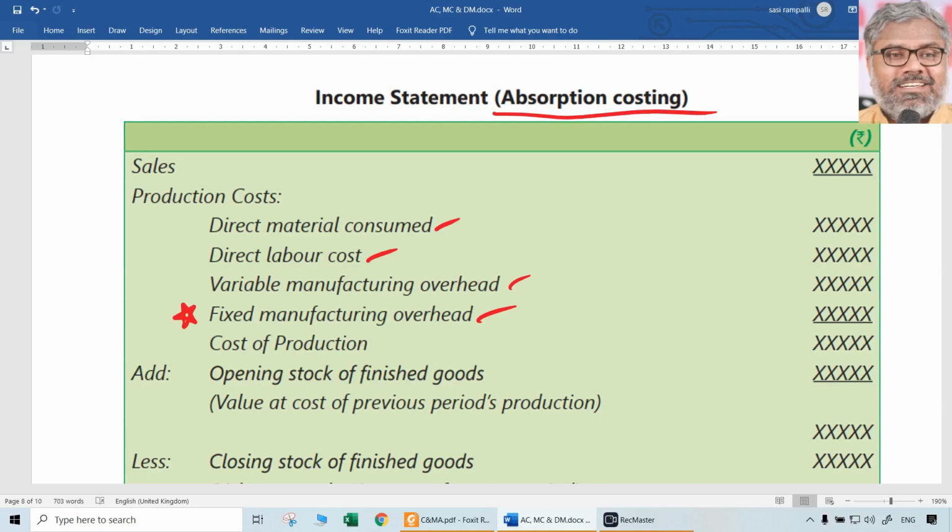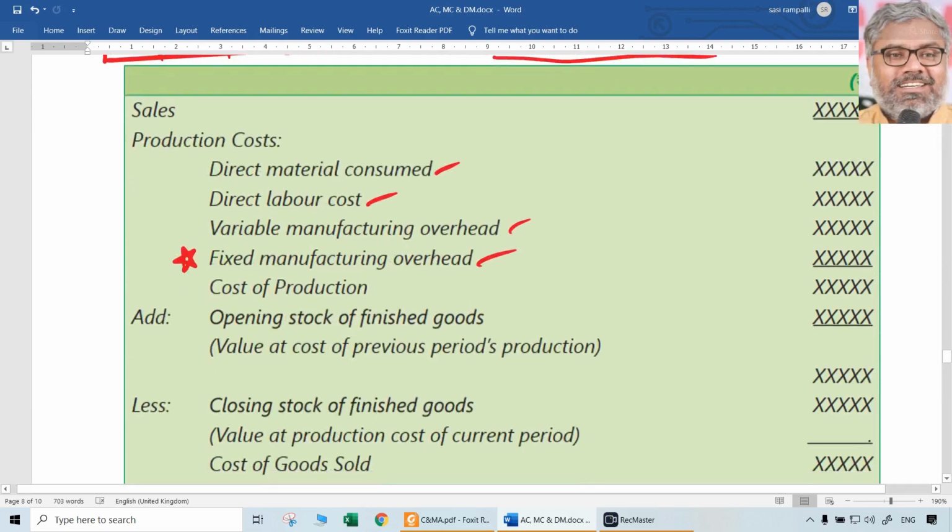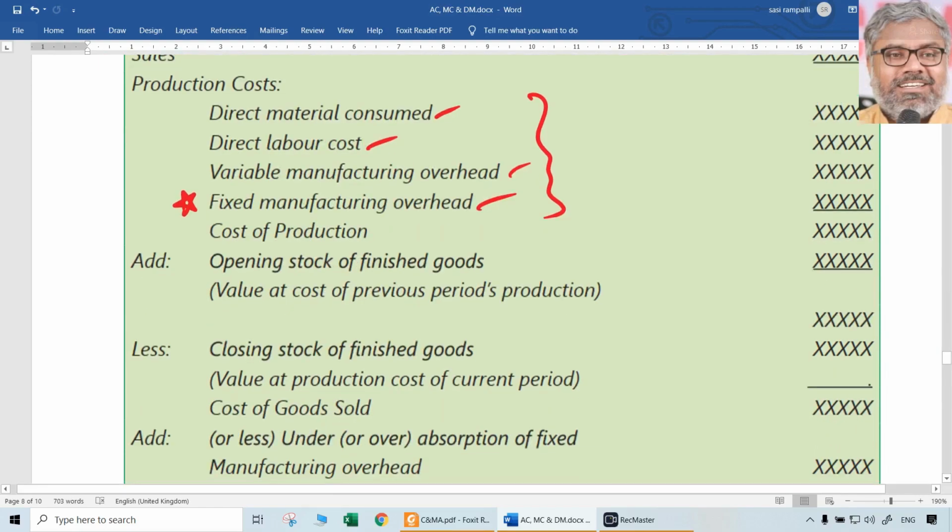What matters is whether it is manufacturing, office and administration, or selling and distribution. That classification was there for us, not fixed variable classification. So both variable manufacturing overhead and fixed manufacturing overhead will be considered as production cost. So the cost of production is the total of all these things. Simply speaking, material, labor and manufacturing overheads are cost. Production overheads are factory overheads or works overheads.